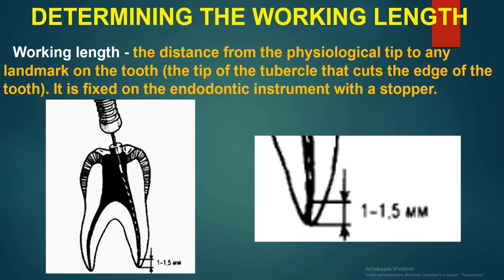Working length, the distance from the physiological tip to any landmark on the tooth, the tip of the tubercle that cuts the edge of the tooth. It is fixed on the endodontic instruments with a stopper.